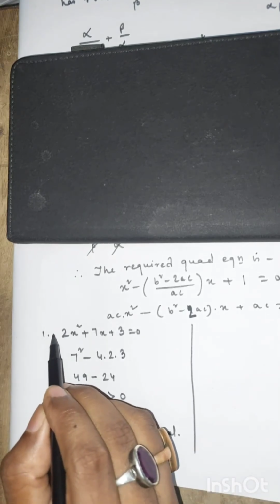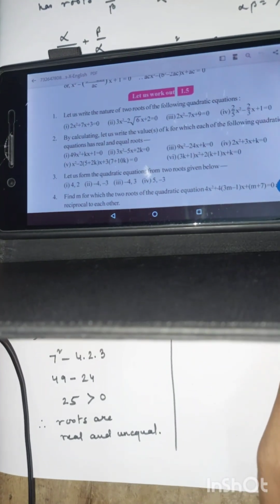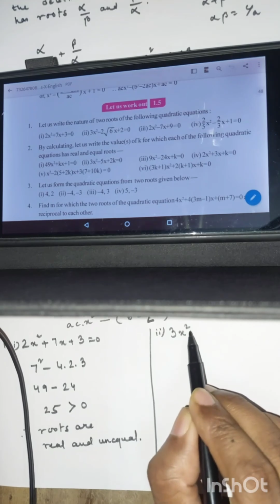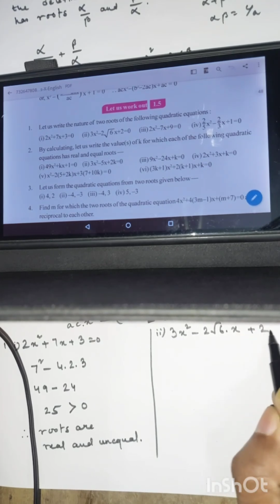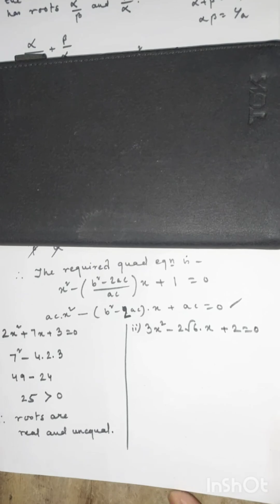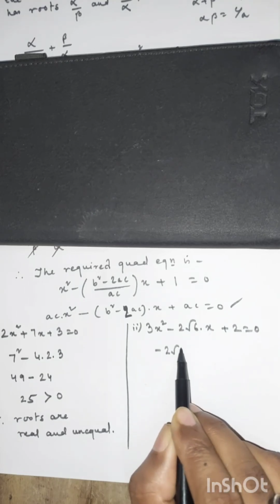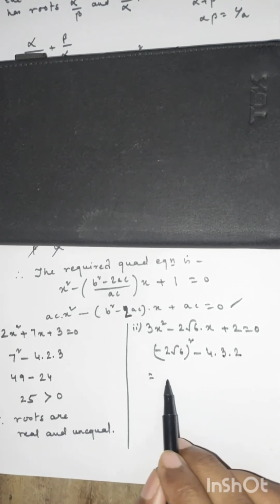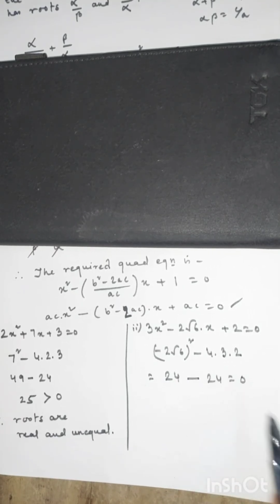Okay, now let us do Roman 2. Now let us find the discriminant part, that is b square minus 4ac, which is equal to 0.